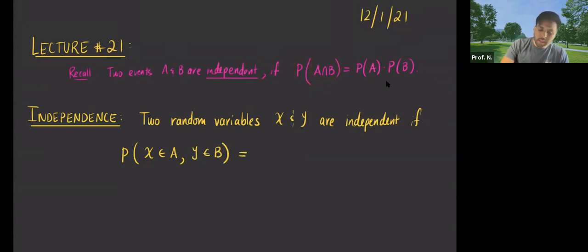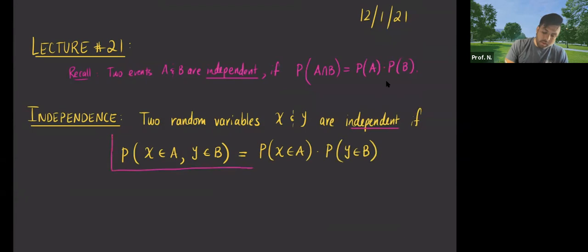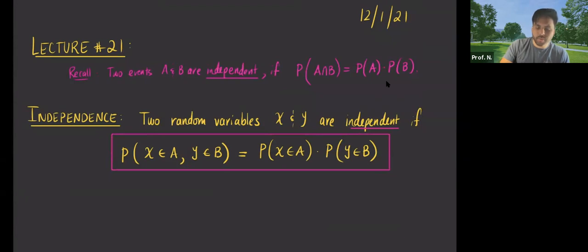Okay, so then if this is true and they're independent, then what it will result in is the same thing as saying the probability that X is in some set A multiplied by the probability that Y is in the set B. So independence of random variables follows from the definition that we spoke of about the independence of two events.